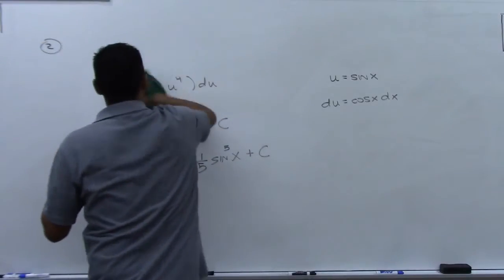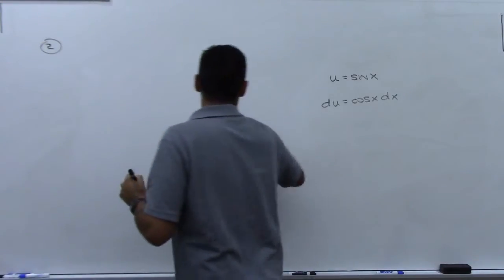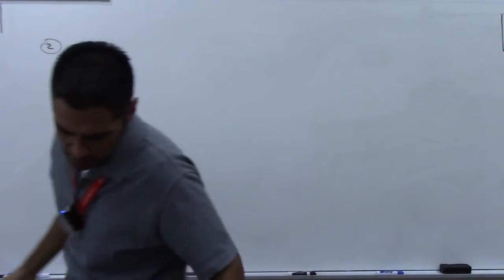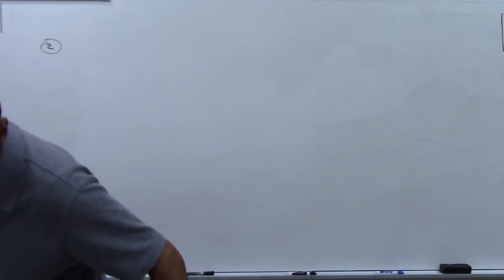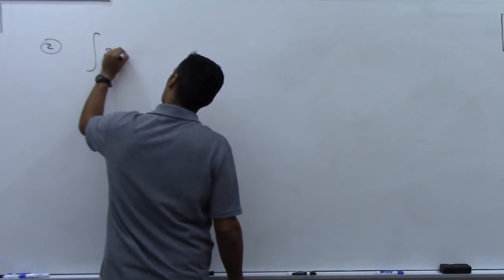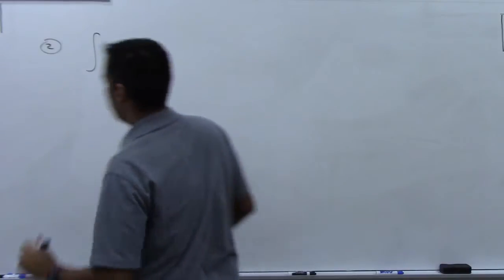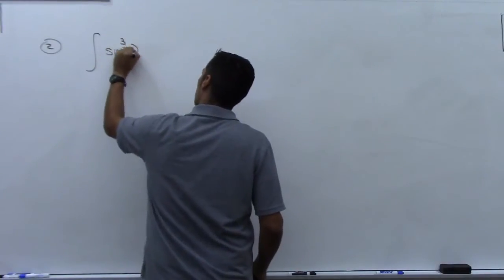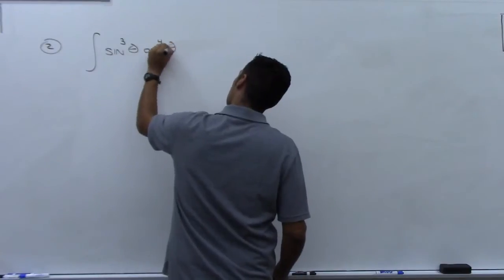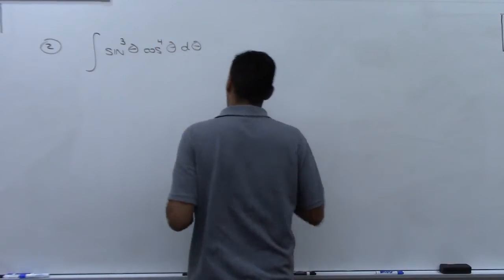Now I'm going to do number 2. So for number 2, we have sine to the 3rd theta times cosine to the 4th theta d theta.